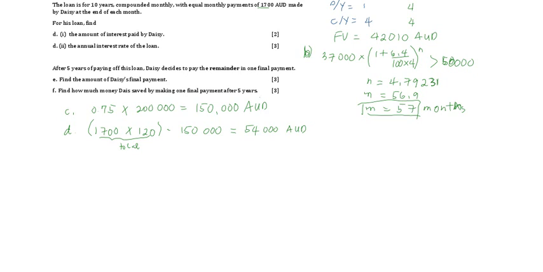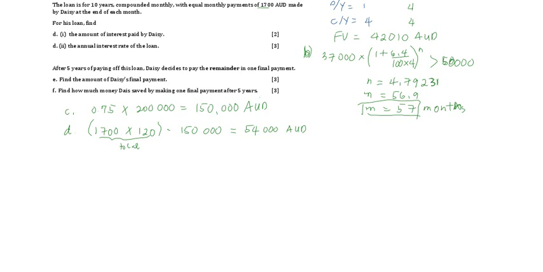So Daisy paid for 5 years, and then she did not continue up to the 10th year. She already paid the remainder in one final payment.